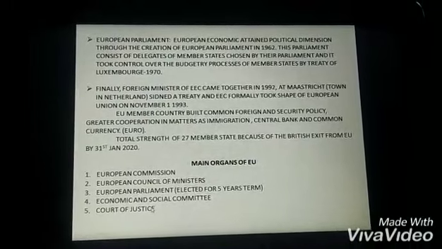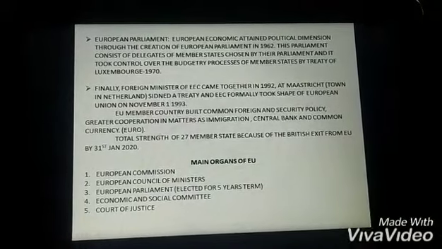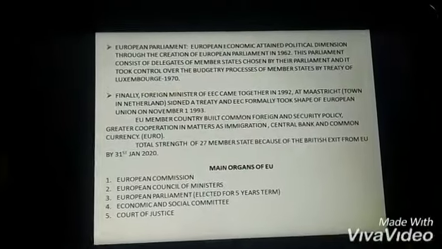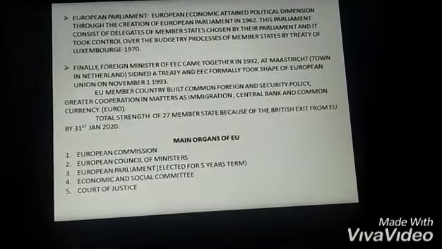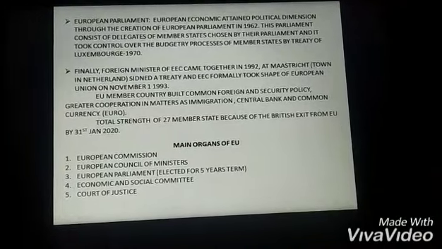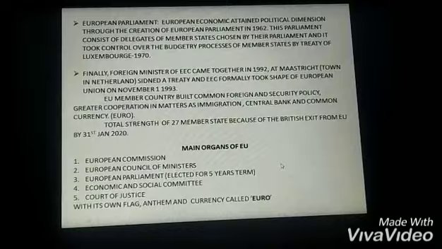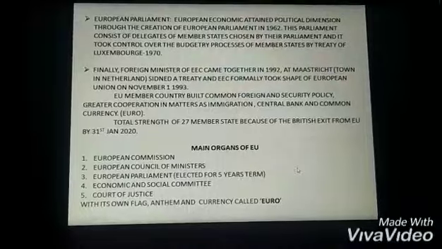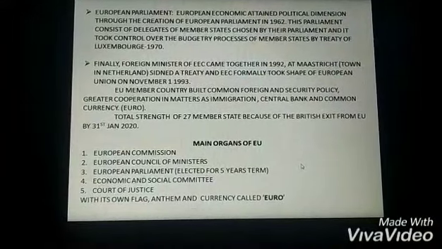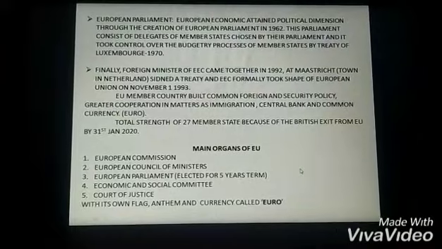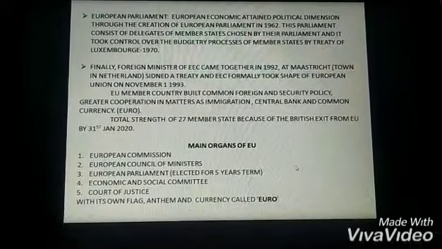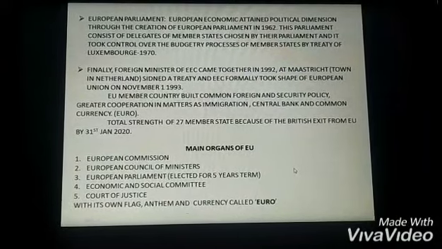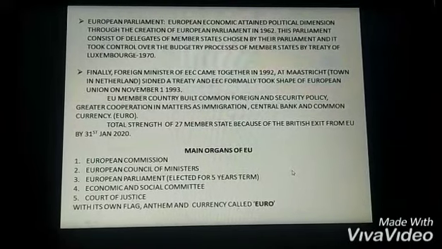So these are the composition of the European Union. The European Union also has its own flag, its own anthem, and its own currency, the euro. I've already mentioned that. So this is the main composition of the main organs of the European Union.